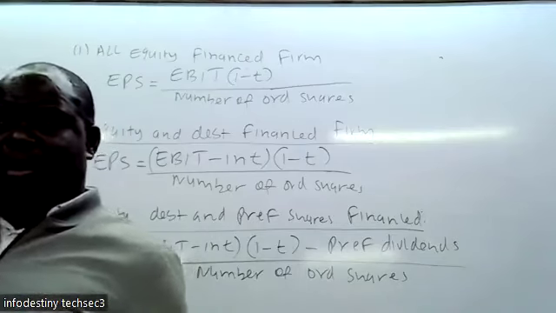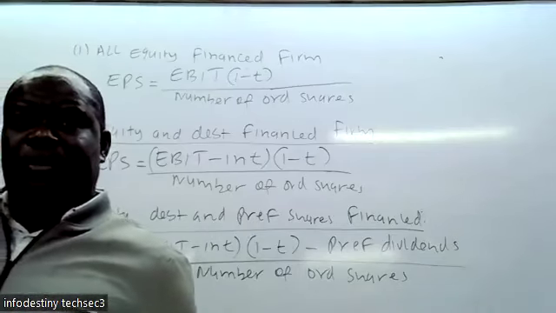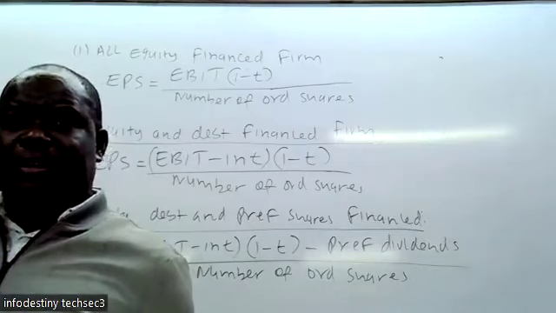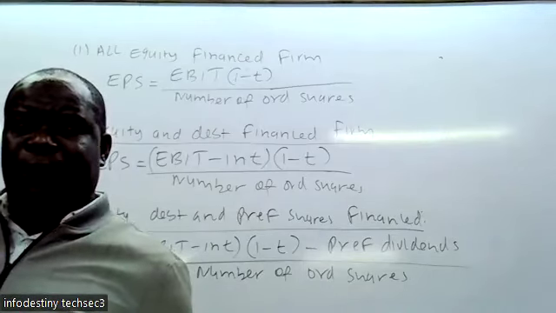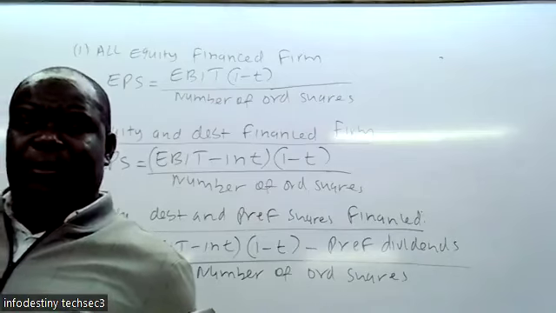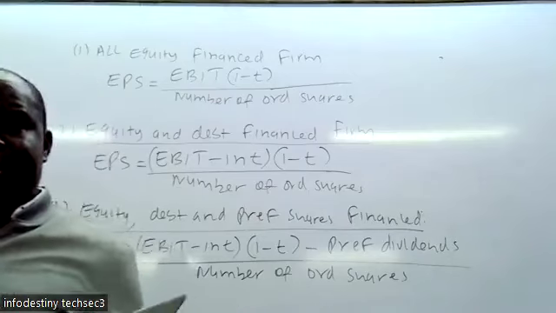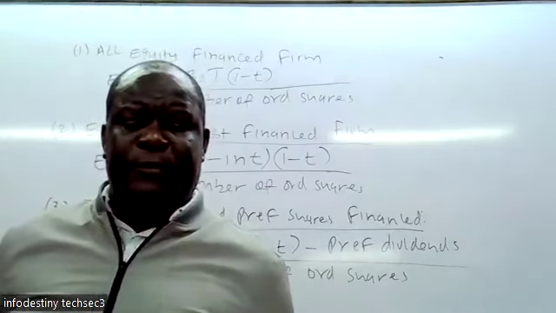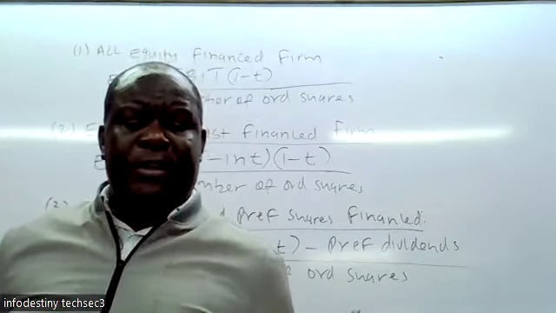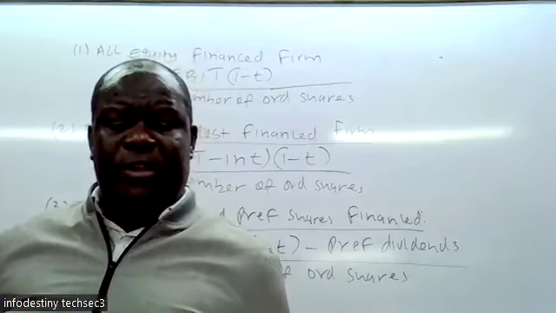Donut Limited has a capital structure consisting of shillings 150 million in 15% debentures and shillings 450 million in ordinary shares of 20 shillings each.